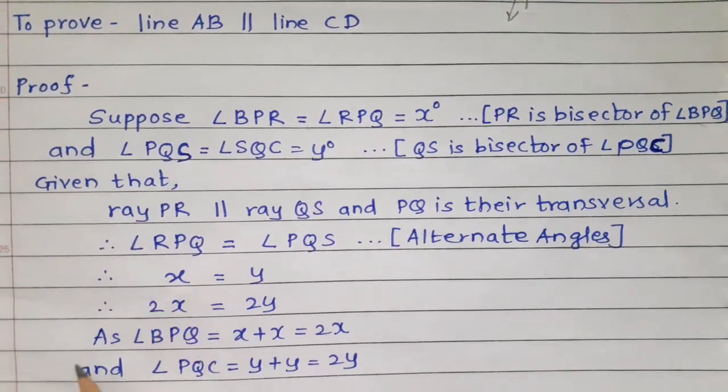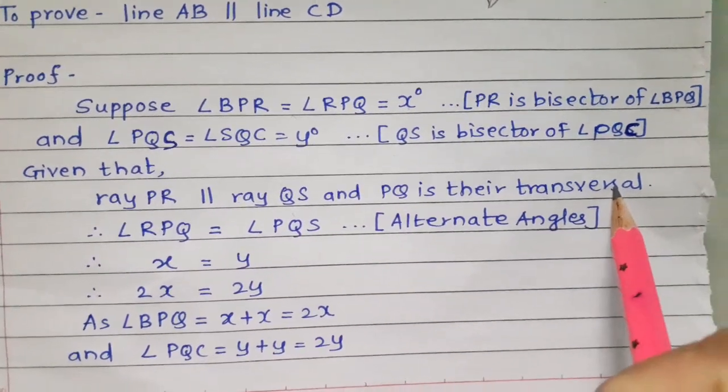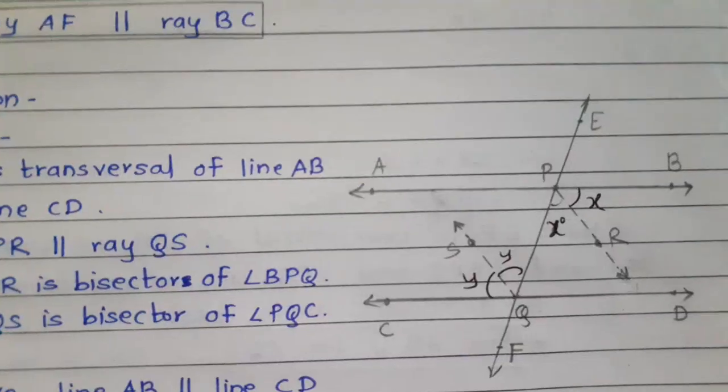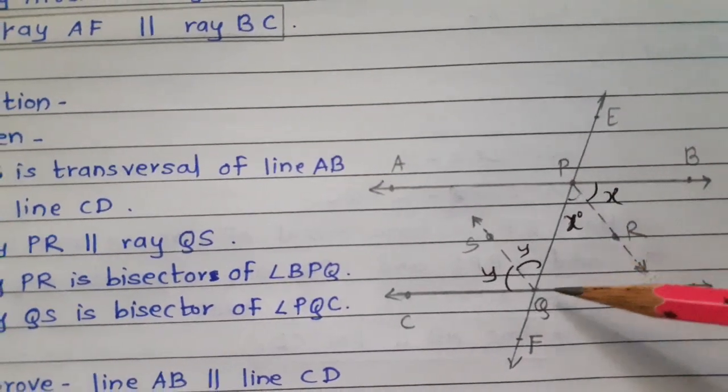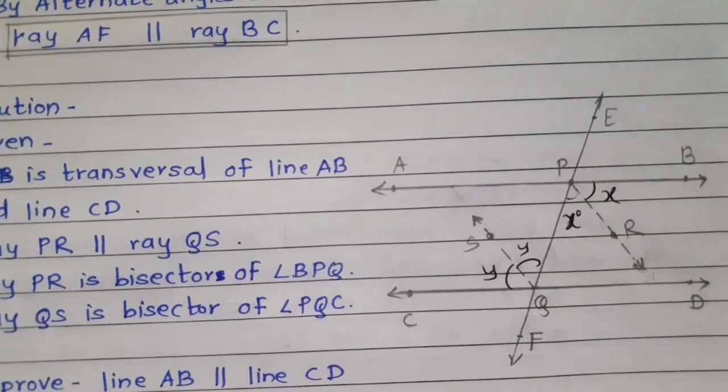Now it is also given that ray PR is parallel to ray QS and PQ is their transversal.